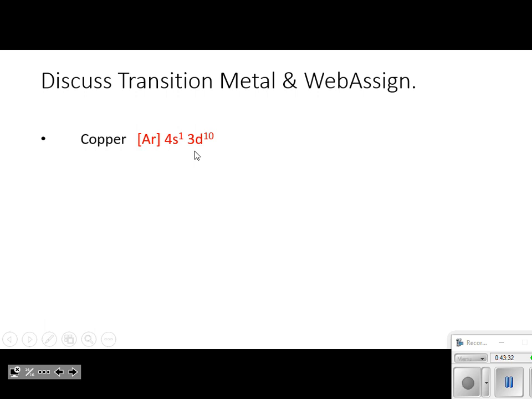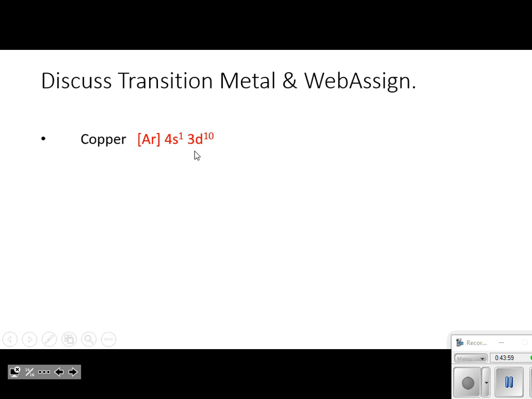Find another element in the d block that is transitioning like that. You got one, Lewis? Chromium. Let's look at chromium. It says 3d5, 4s1. Is that right? My eyes are getting kind of bad.